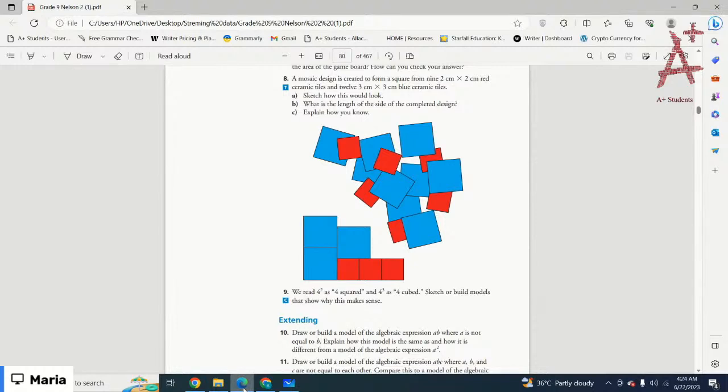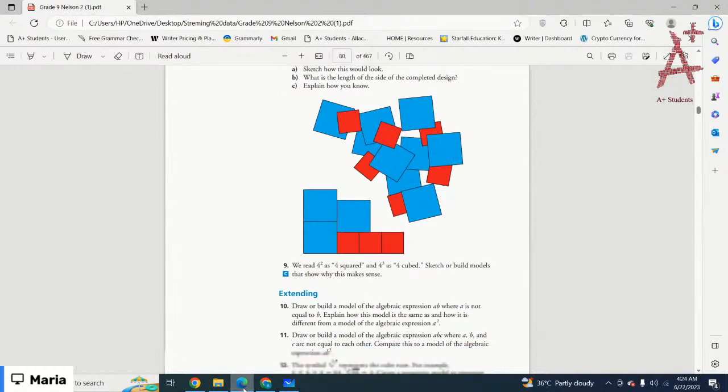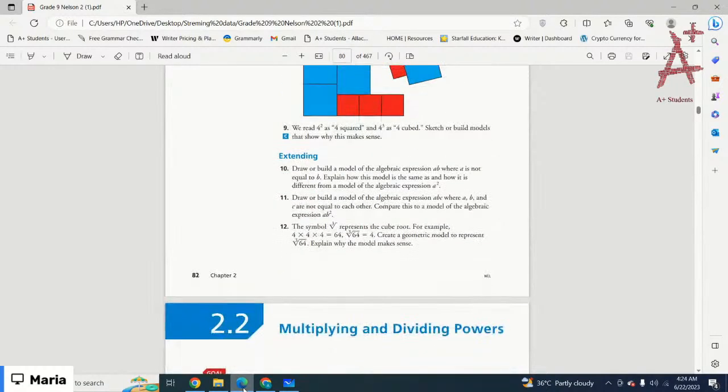Sketch or build models that show why this makes sense. Okay, just look at question number 12.